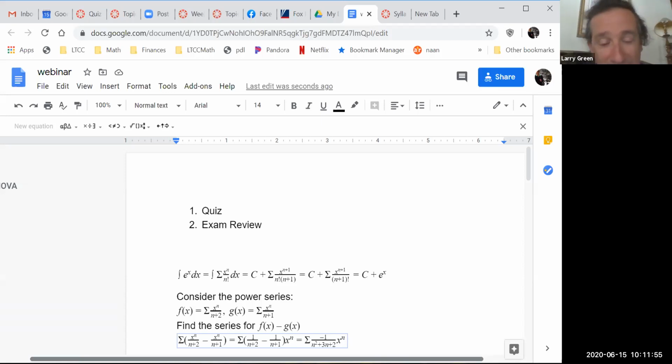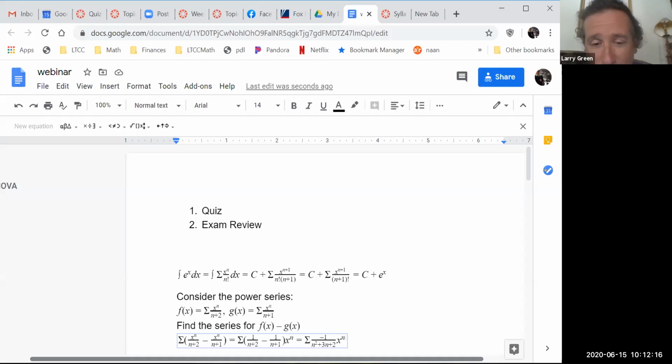The interesting thing is that at x equals 1, for example, the right-hand side converges. And why does the right-hand side converge? See if you can tell me the test, because it's important.